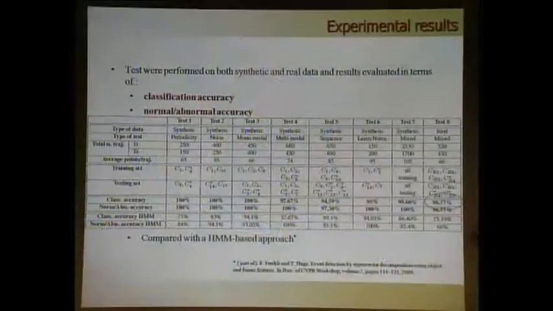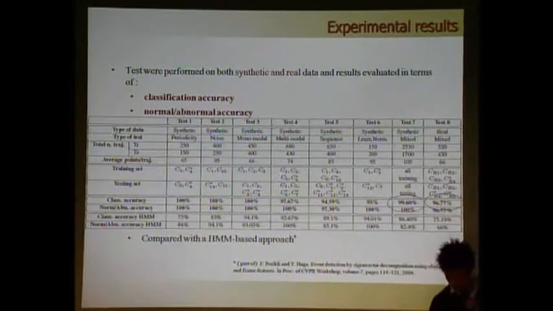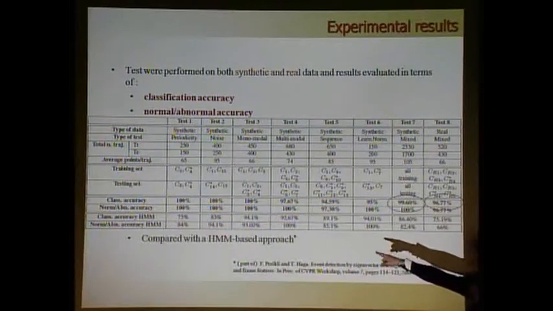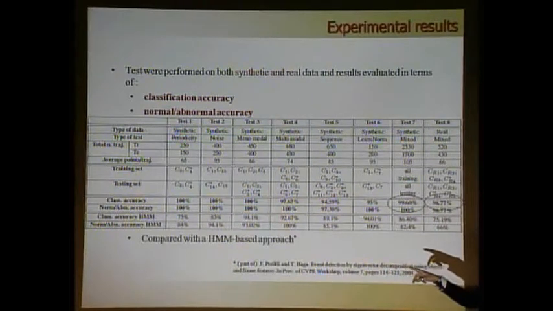If we take a quick look at the performance, the system has an accuracy of about 97% in the case of real data and close to 100%, 99.6%, in the case of synthetic data. They are pretty less noisy. We also compared our method with an existing HMM-based approach that is widely used in the literature, and we outperform it as well.